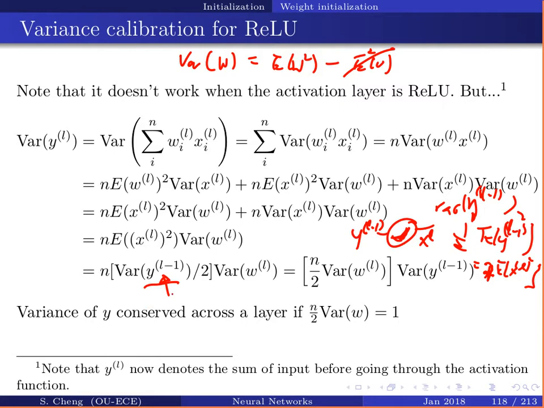We know that this guy here is equal to W multiplied by X, the sum of W L minus 1 times XL minus 1. So if I compute the expectation of Y, it is the expectation of this guy here. That was when I was a little bit confused: is that really zero mean? But it's okay, because X is not zero mean, but W is zero mean.